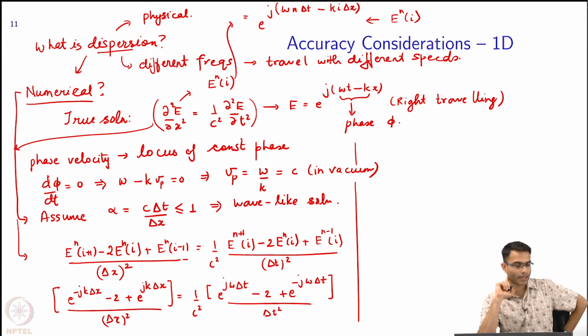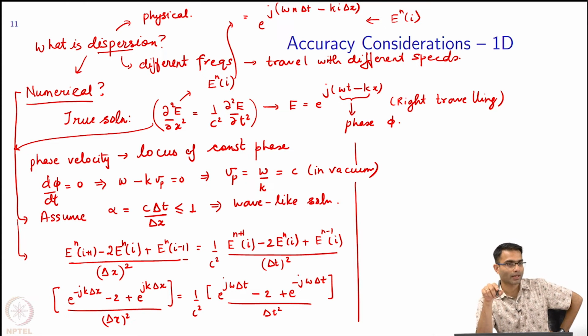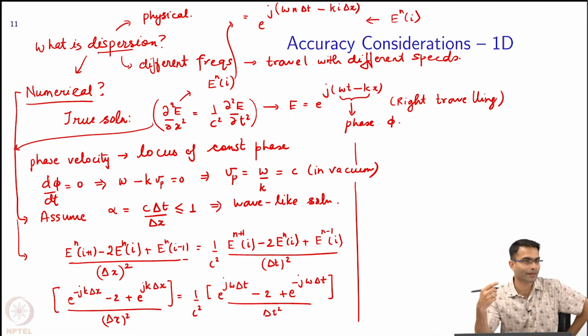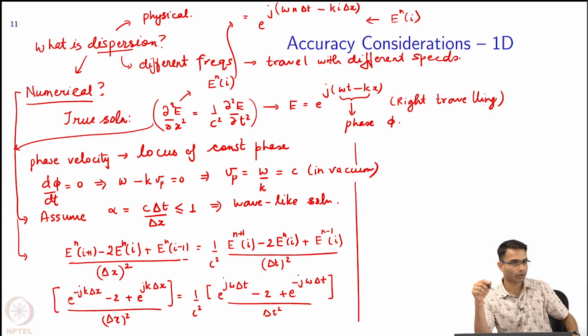Each of the terms, I have an e to the j theta plus e to the minus j theta, that is 2 cos theta, 2 cos theta minus 2 on both sides. So, that will get simplified in terms of half angles of sine. So, I am going to get a sine squared.